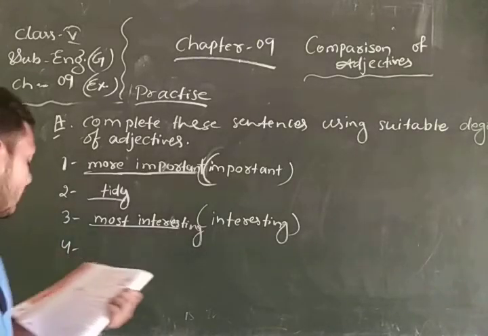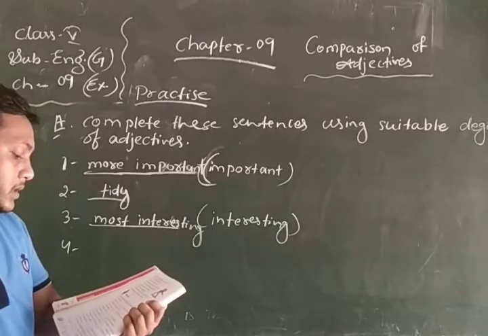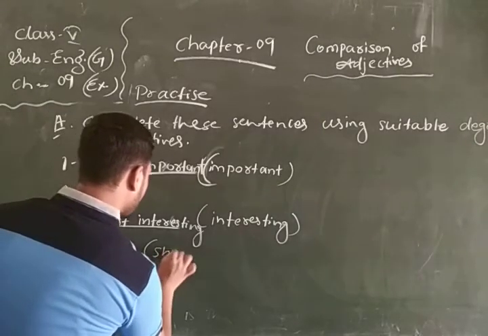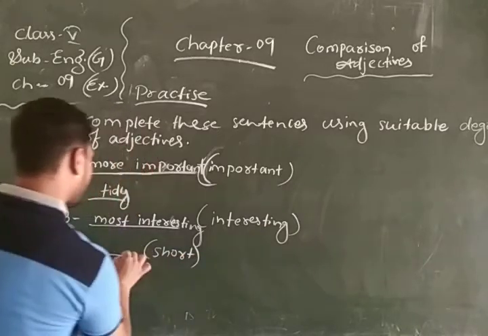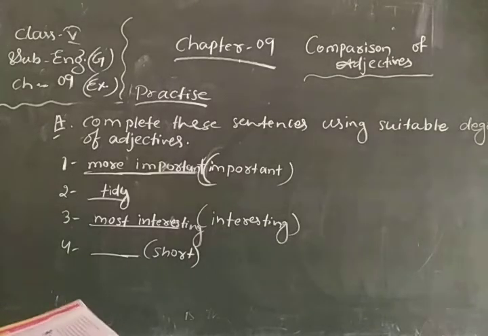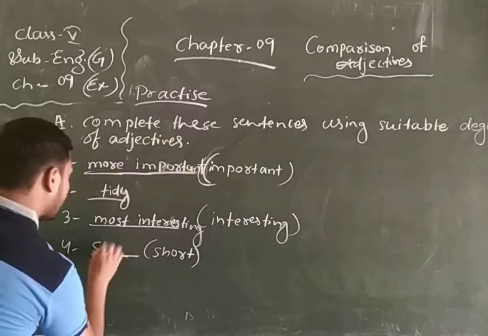Number 4, February is the dash month. Okay, in the bracket it is given short. So February is the dash month. कौन सा फॉर्म लगेगा यहाँ पे? सुपरलेटिव फॉर्म यूज होगा. ओके, वी हैव टू यूज द सुपरलेटिव फॉर्म, दैट इज February is the shortest month.